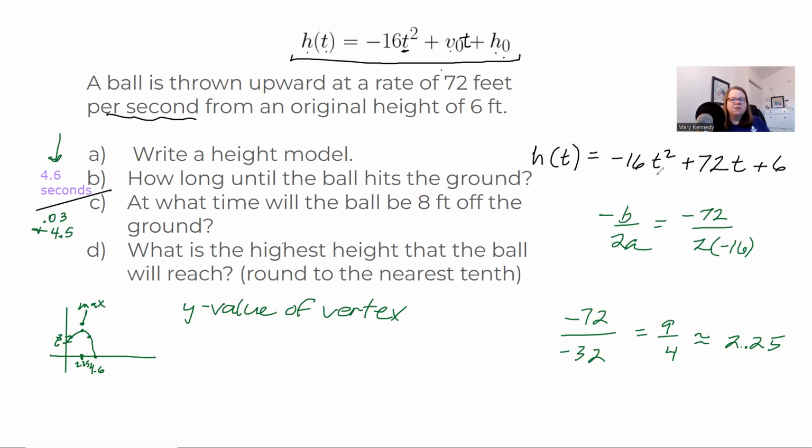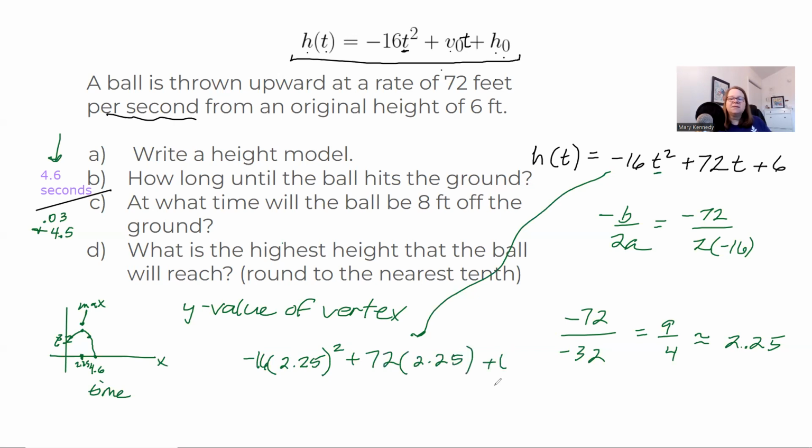So now what we'll do is take our function. We just found the time, 2.25 seconds. This x is the time in seconds, so I'm going to replace the t for time with 2.25, or 9/4, whichever you want to use is fine because it's the same value, plus 6.